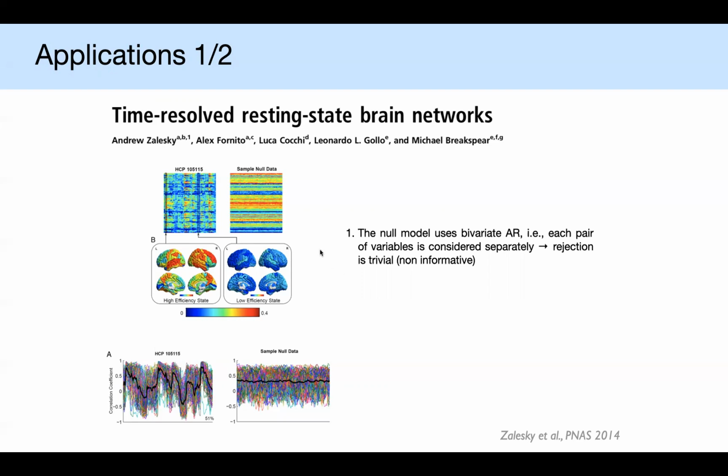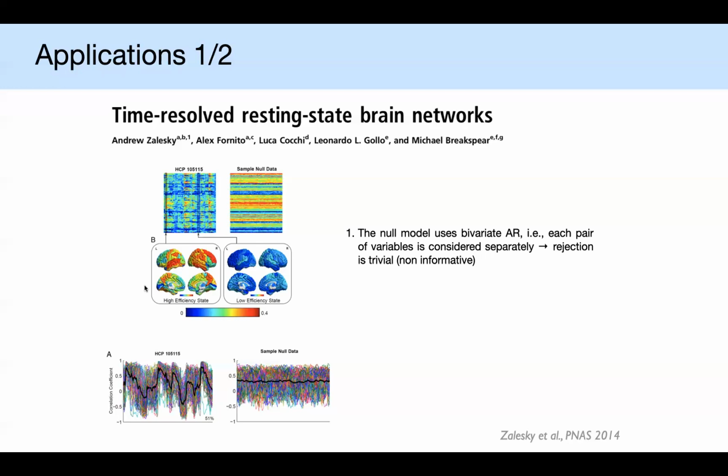And this conclusion only means that the dynamics presented here cannot be represented by only bivariate interactions. You need to account for the whole multivariate structure of the data. Does this mean that these states do not exist or do not have neurological interpretation? No, these states do exist. The brain transitions between phases of high efficiency or connectivity and low connectivity.